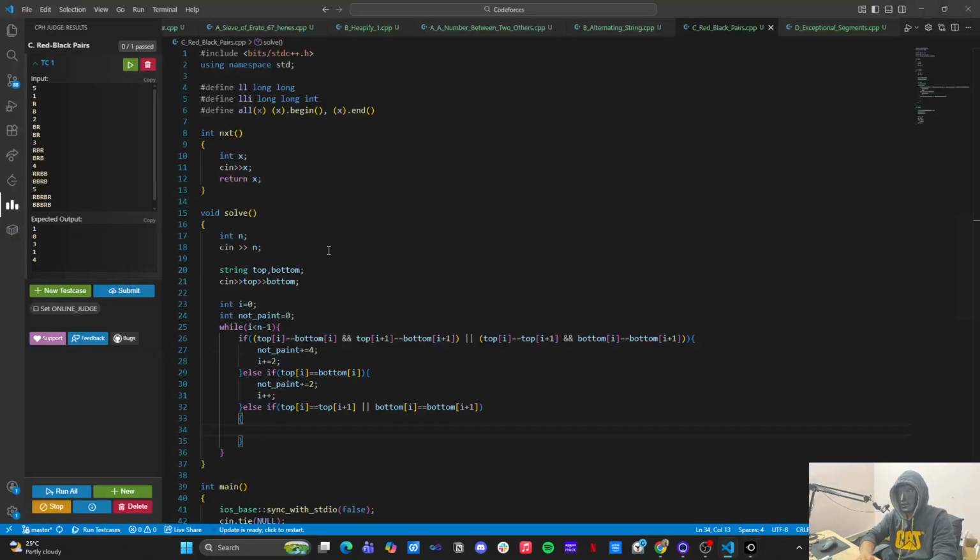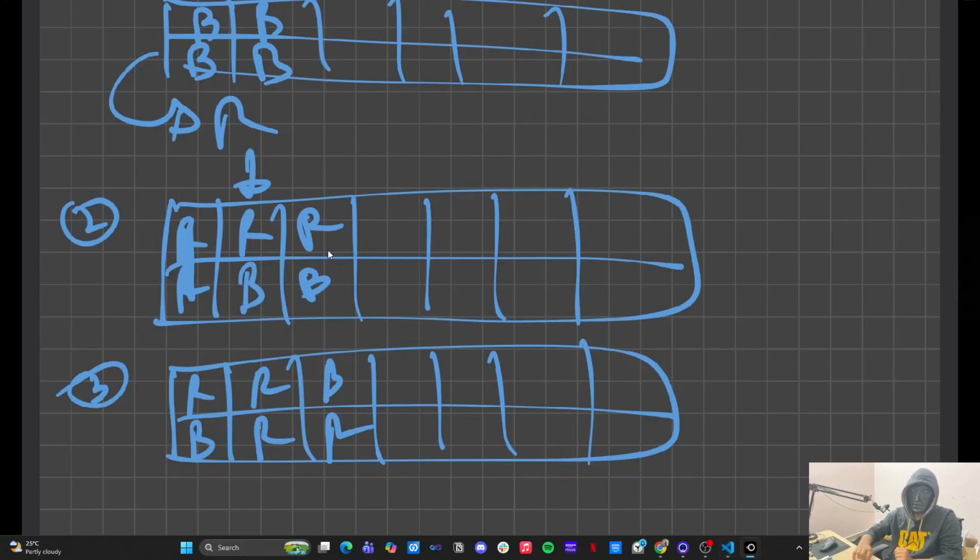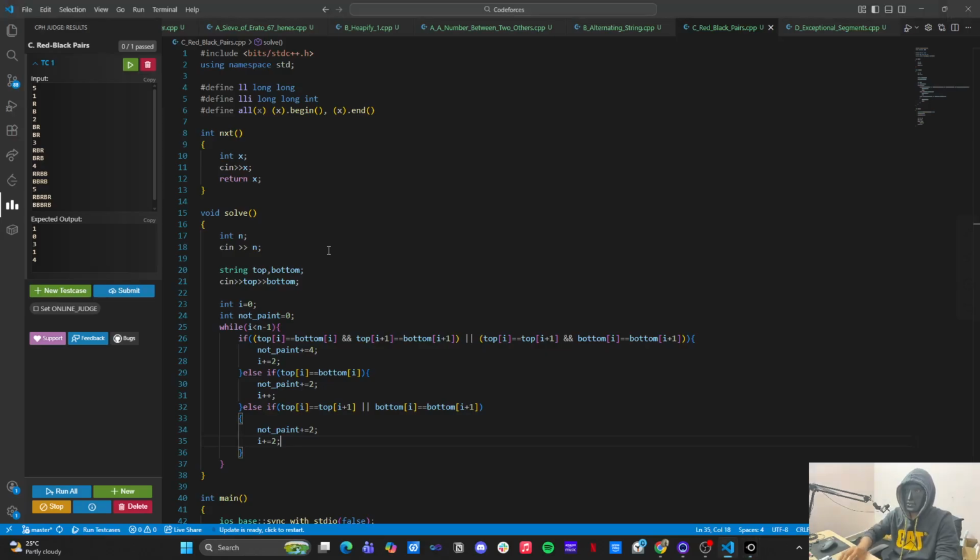So not painting is going to be increased by 2, and you will move 2 pointers ahead, because anyways you have got one pair, but the below pair is not equal. That's why you have to paint it. Okay, since these 4 cells are already there, you will have to move 2 pointers ahead, right?